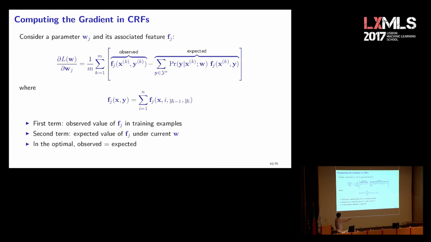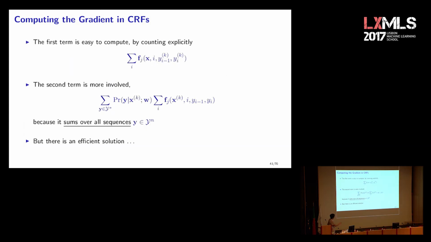So the gradient says that you should keep doing this type of updates. And the problem is that there are two terms here, the observed and the expected. The first term is easy to compute. You just take each example and compute the feature vector like that, okay? This is given, this is given, this is given. There's no problem in computing that, okay? All is given. But the second term involves computing the expectation over the output space.